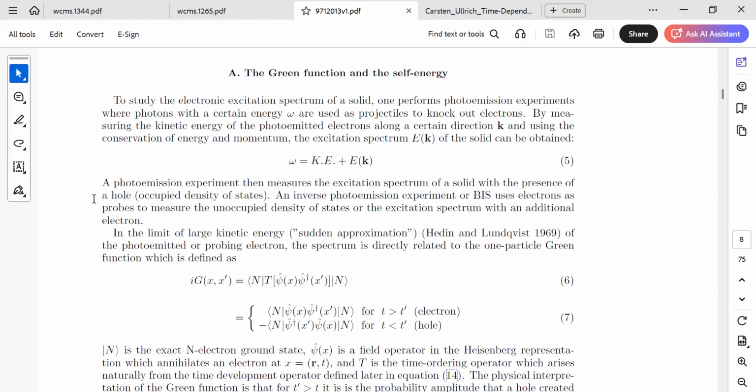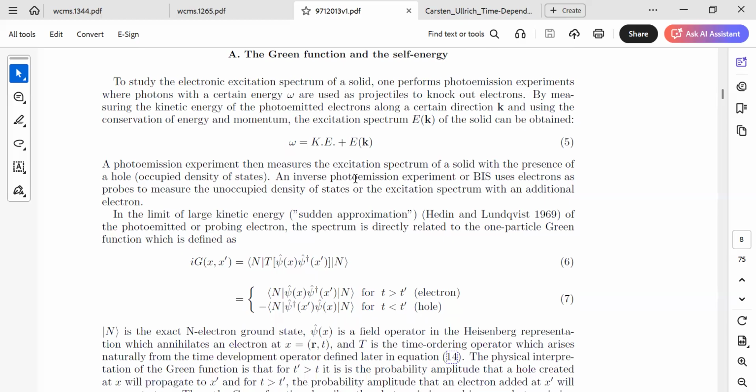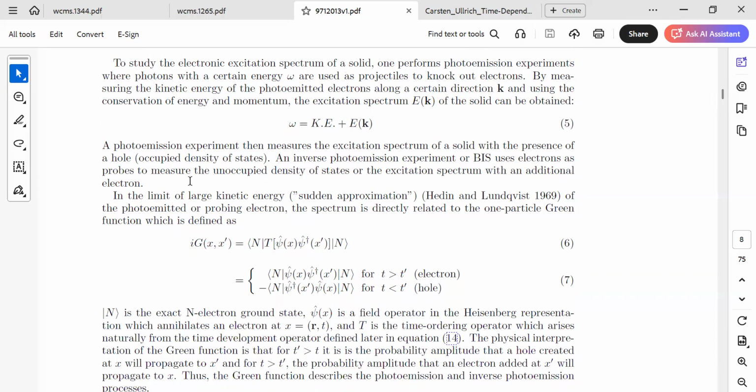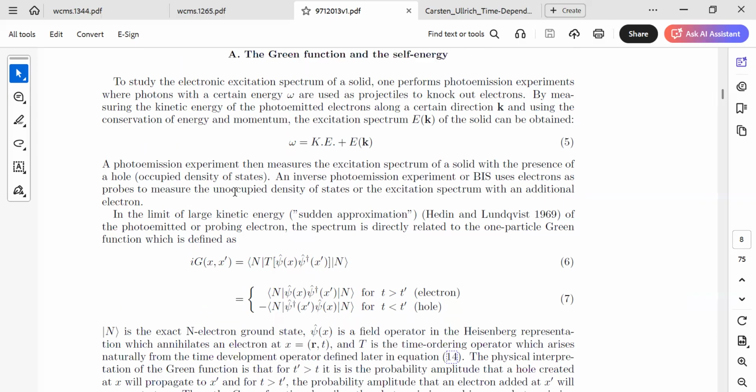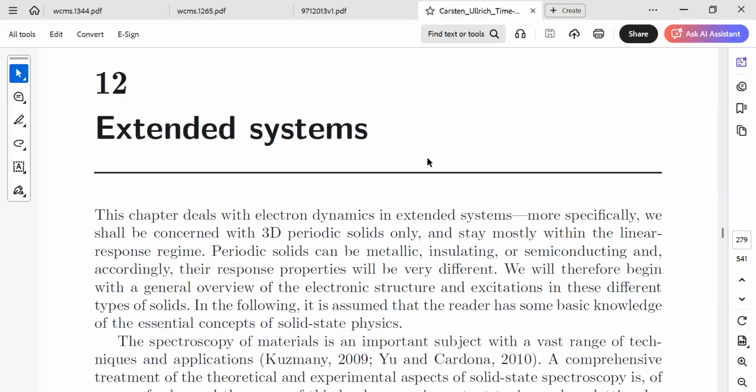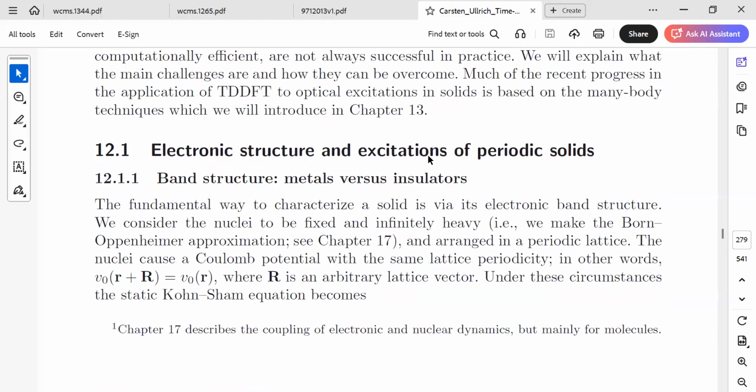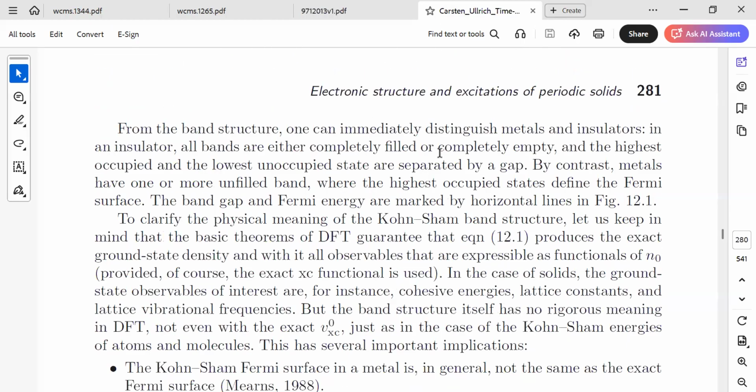Also, the second point here is that a photoemission experiment measures the excitation spectrum of a solid with the presence of a hole.